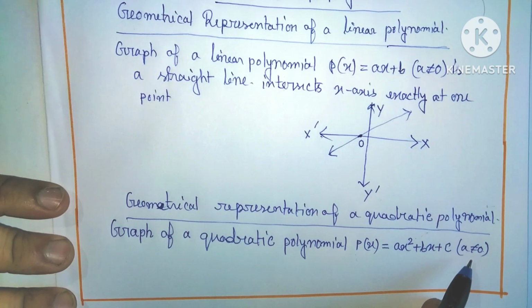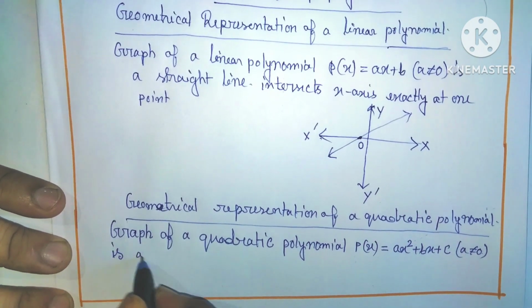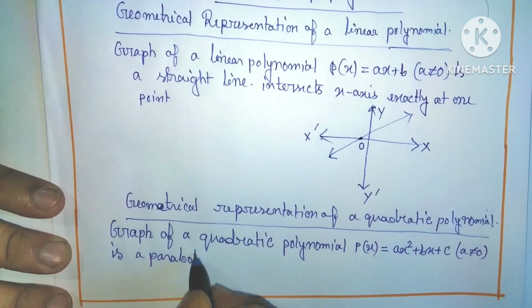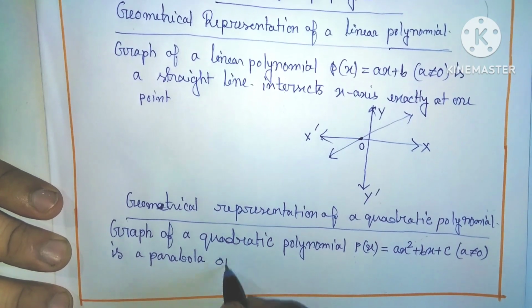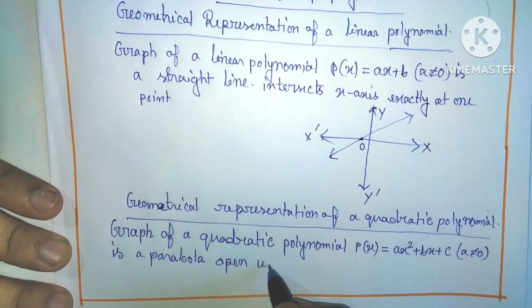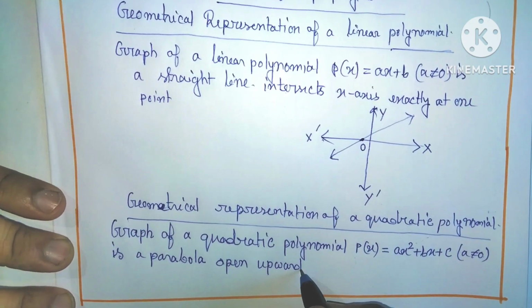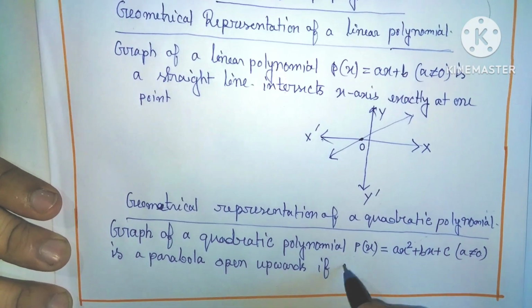The parabola opens upward if a greater than 0.